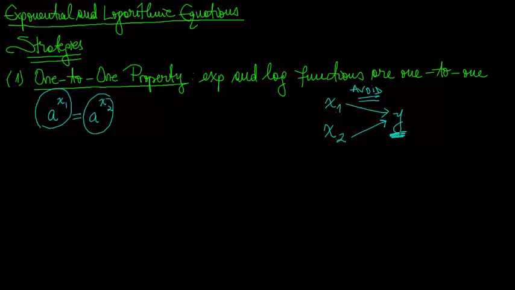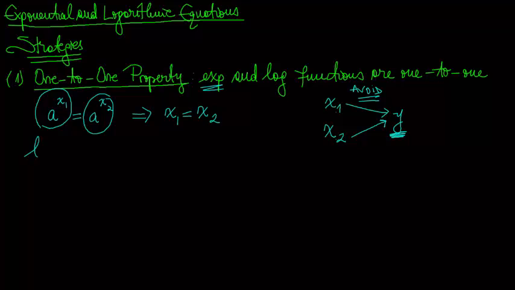And since this cannot happen for a one-to-one function, the only conclusion that I can draw to make sure that the exponential function is still one-to-one is that to start off with, I had the same x values, namely x1 had to be the same as x2. So if you have an expression a to x1 equals a to x2, then you can immediately conclude that the x1 input is equal to the x2 input.